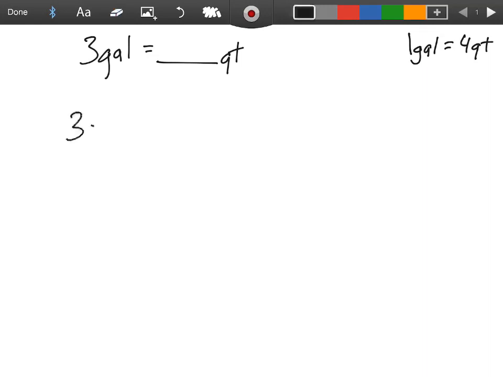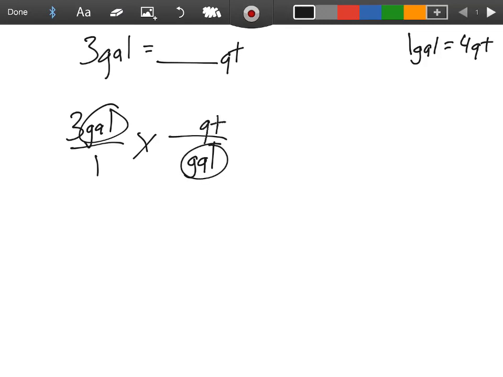We put the unit we're starting with on top, gallons over 1, and we multiply that by our conversion factor, putting the corresponding unit that we're starting with on the bottom and the destination, what we want to convert it to, on the top. So in this case, 4 quarts is equal to 1 gallon, so the 4 goes with the quarts and the 1 with the gallon.